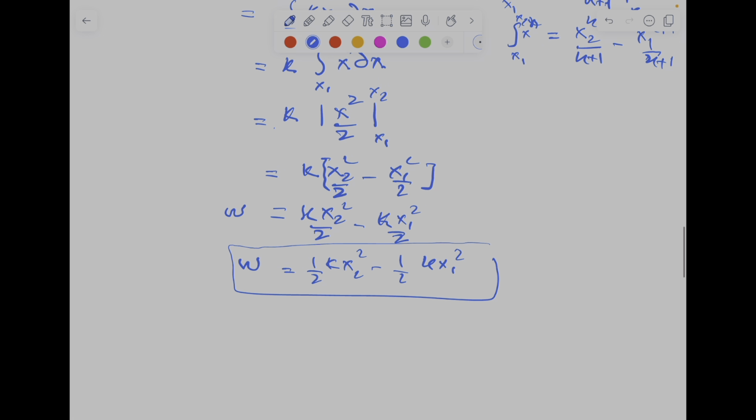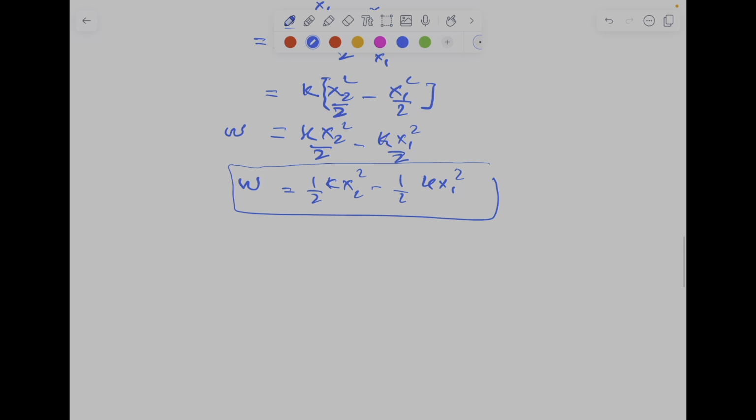Okay. So now the concept is rate of change of work. So the rate of change of work is nothing but the power stored in it. Okay.